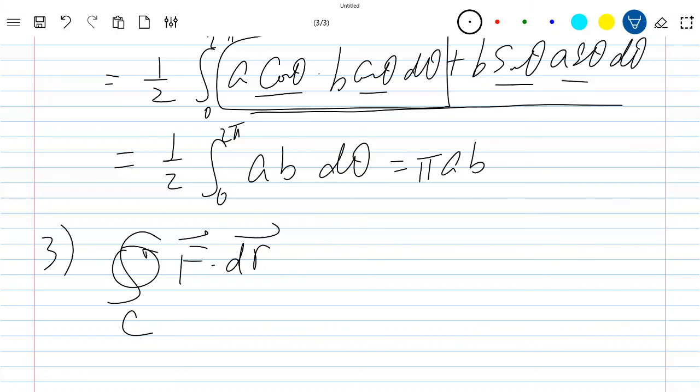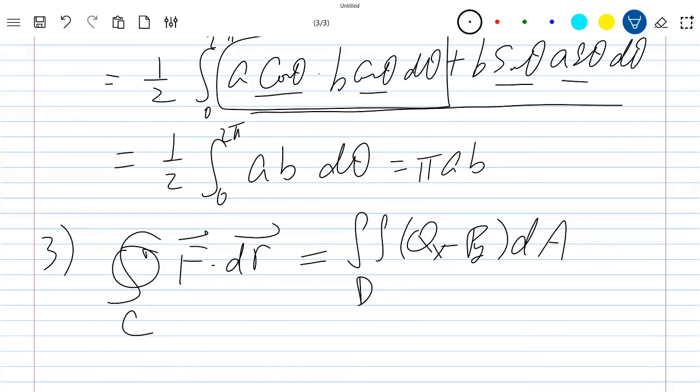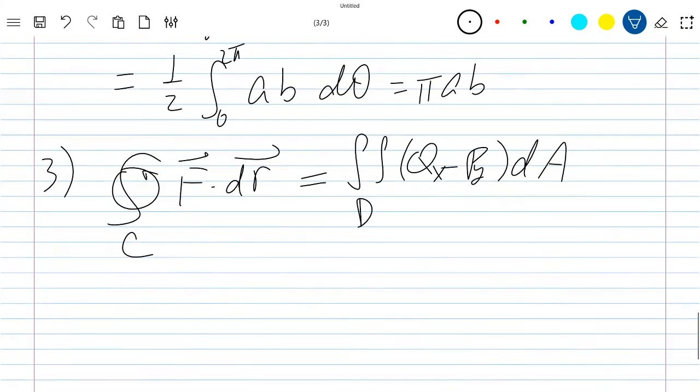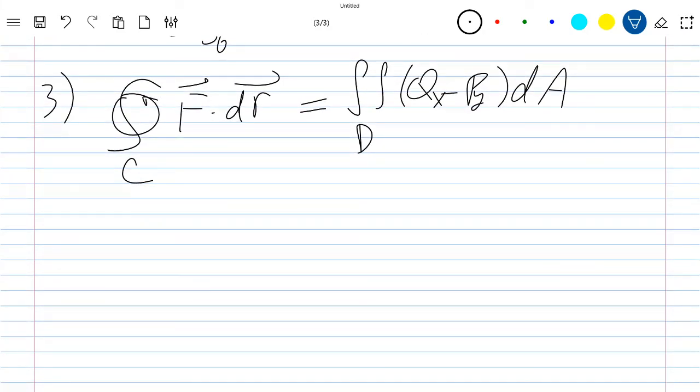It turned out that the integration over the domain is easier. So sometimes we use it the other way around. We write this as the domain integral. So we compute the right-hand side to get the left-hand side. But be careful, C has to be counterclockwise. If C is not counterclockwise, we have to flip the sign on the right-hand side.